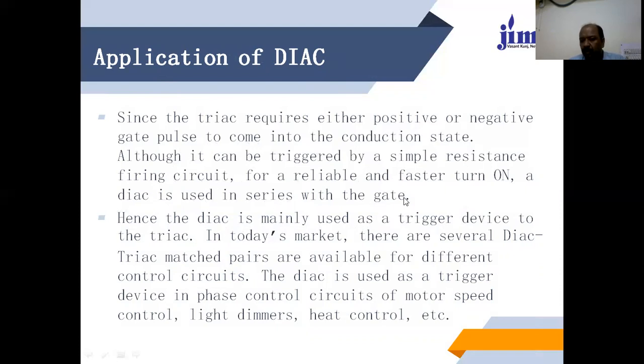Just to turn on the device, because we know that the triac operates in either direction, for the positive half or for the negative half, the diac works simply as a firing circuit. So normally there is a combination of the diac with the triac to turn on the devices. Hence the diac is mainly used as a trigger device for the triac.